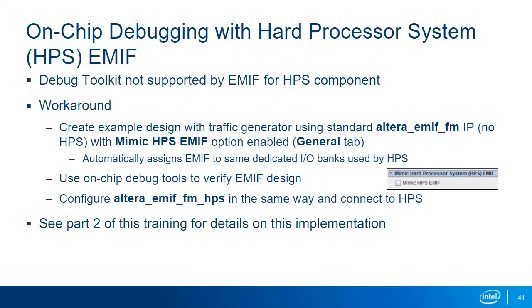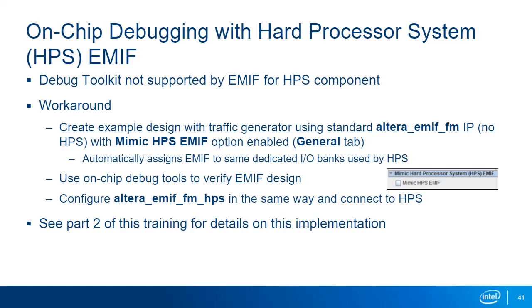First, create an EMIF example design or a complete custom system design configuring the EMIF as you would for your HPS design, but set it up to be controlled by the traffic generator or with user logic. If you enable the Mimic HPS EMIF option on the General tab of the EMIF IP Parameter Editor, the interface will automatically be assigned to the same design elements that connect to the same dedicated I/O bank resources that are used by the HPS.